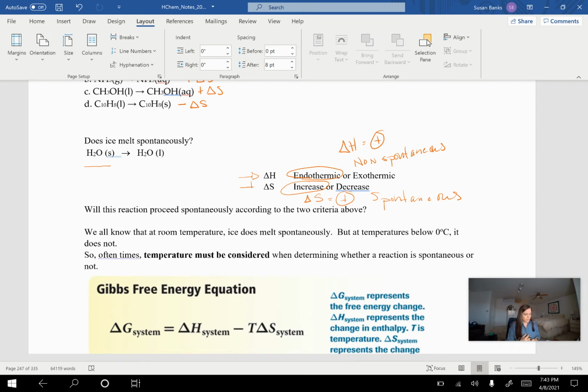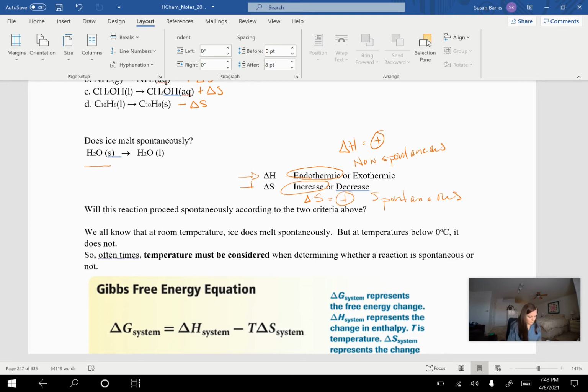We all know that at room temperature or above zero, ice does melt spontaneously. But at temperatures below 0 degrees Celsius, it does not. So a lot of times when we have the entropy and the enthalpy battling it out, it really depends on what temperature this reaction is happening at.